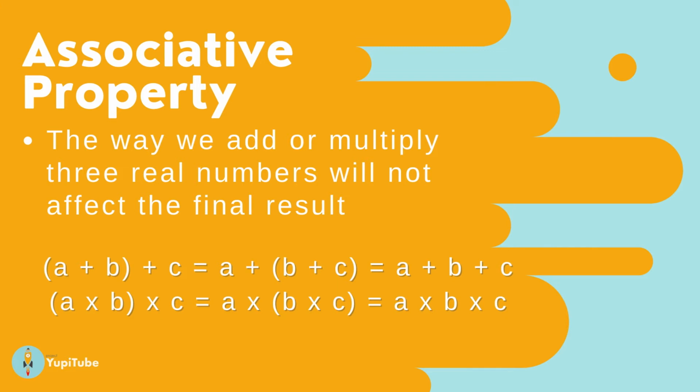Or open parenthesis a times b close parenthesis times c is equal to a times open parenthesis b times c close parenthesis is equal to a times b times c.